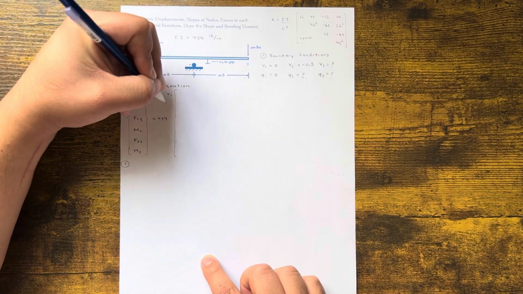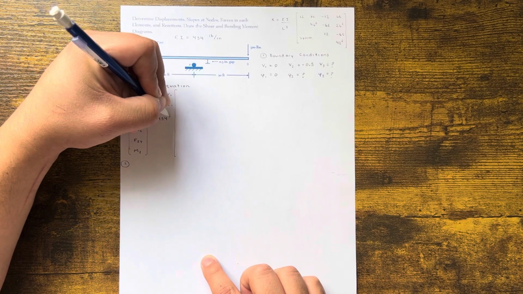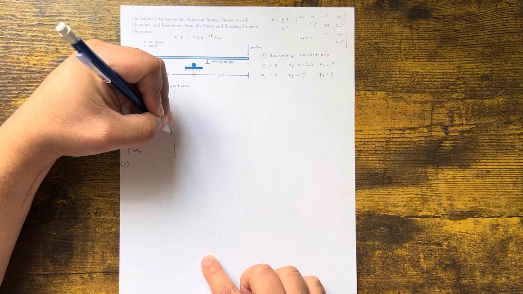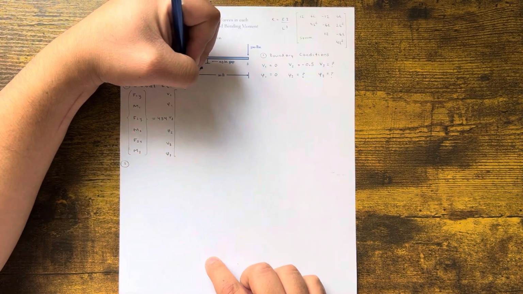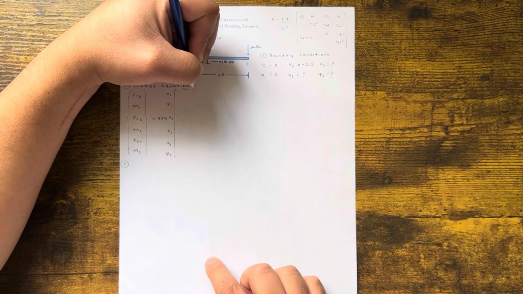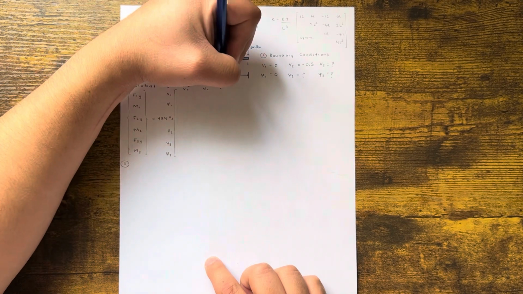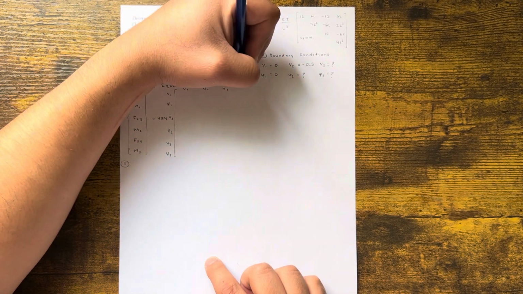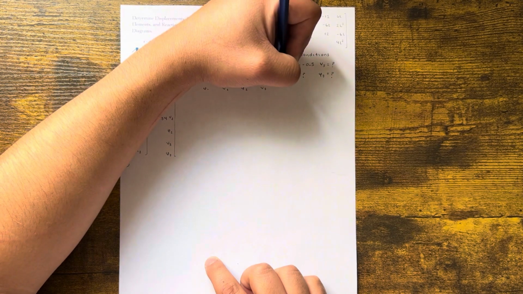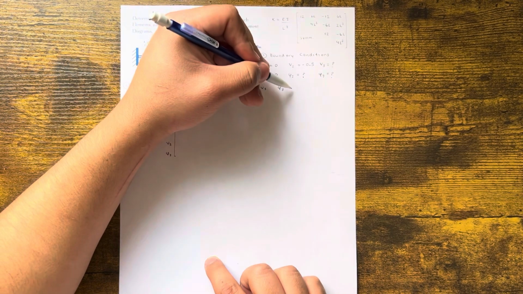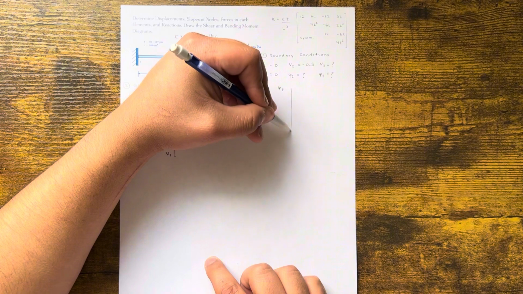Okay, let's go ahead and label the matrix V1, Phi1, V2, Phi2, V3, Phi3, okay? And we could do the same thing going this way, V1, Phi1, V2, Phi2, V3, Phi3, okay?